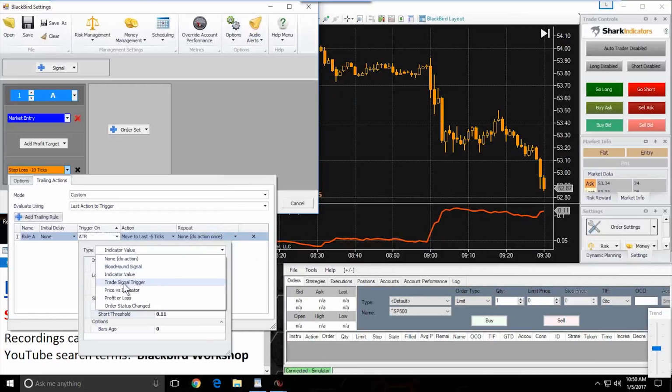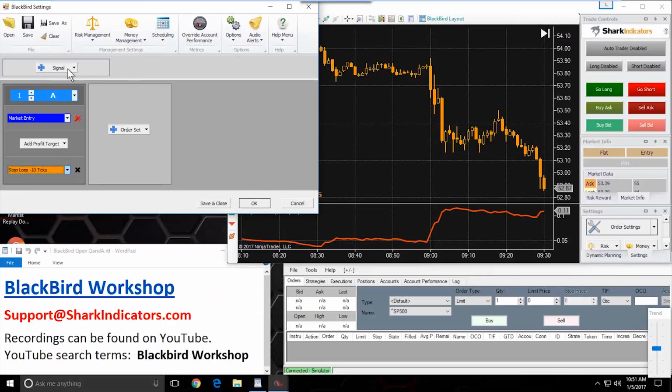Let's see, yeah, the trade signal. That would be one of these guys up here. Remember, the trade signals are up here. You could use a Bloodhound trade signal, or you could use an indicator based one. Let's say you're using some third-party indicator trade signals as well.